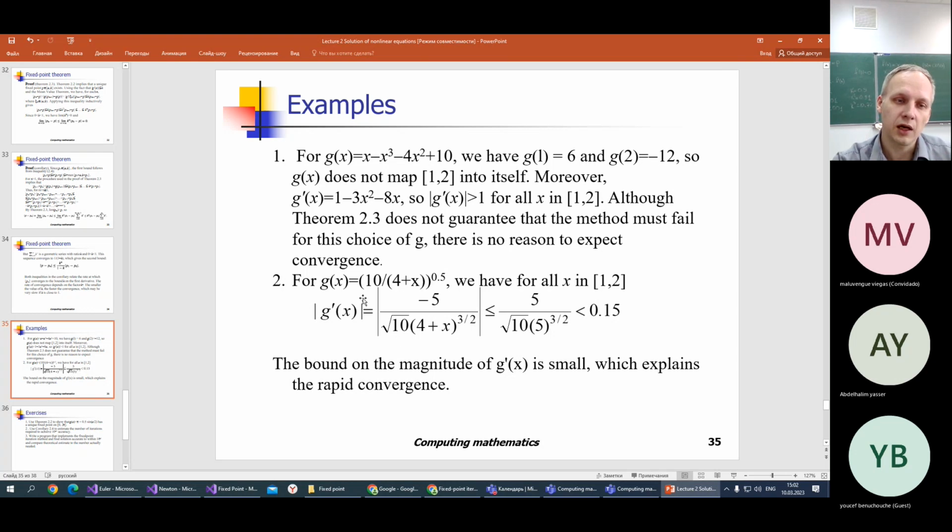It means that the upper bound of the modulus of the first derivative is small, and we can expect rapid convergence of the method if we try to solve the fixed point problem for this function.